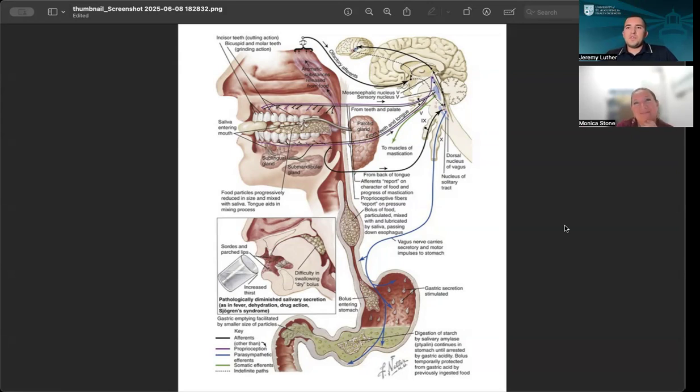And then once that food does enter, the upper esophageal sphincter, the UES, is controlled by a parasympathetic innervation of the vagus nerve. So the vagus nerve is very big on this stage.